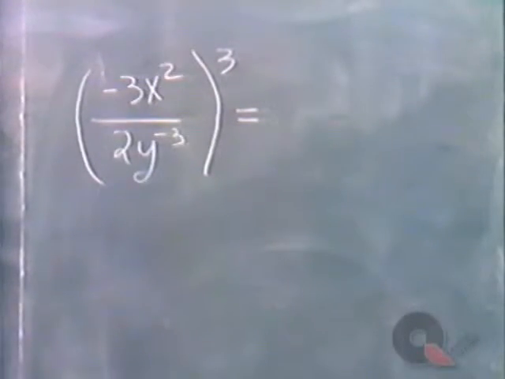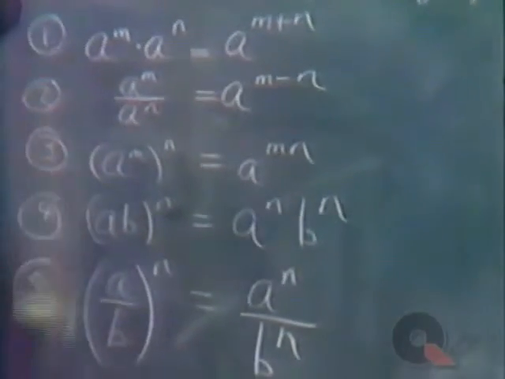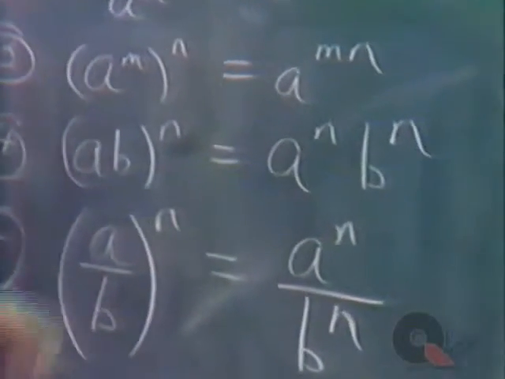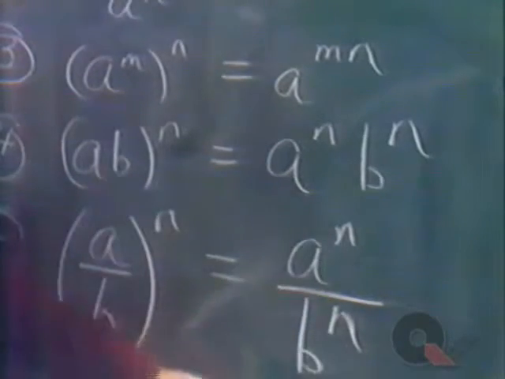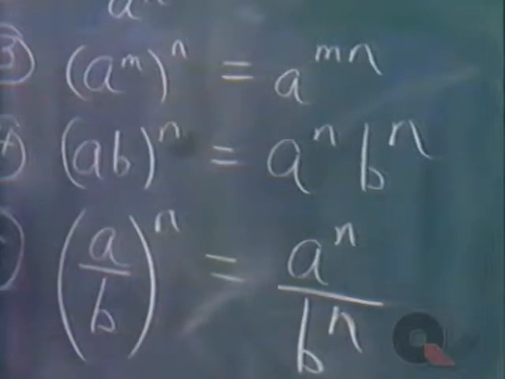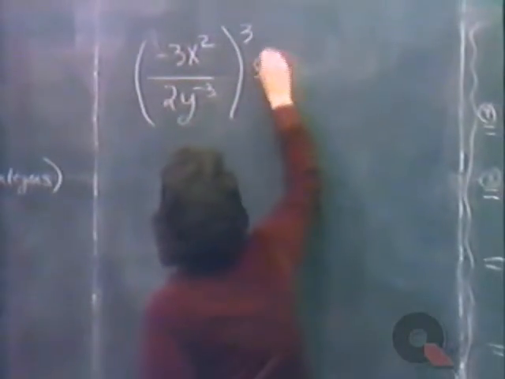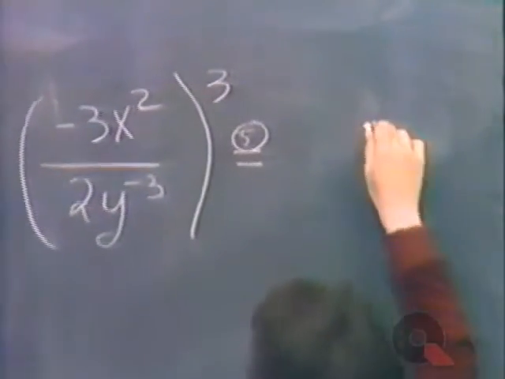It's an example of Rule 5, the last rule on our list. We haven't seen an example of this yet. This is a fraction to a power. We take the numerator to the power and divide by the denominator to the power. So that's step 1. We're using Rule 5 to go from here to here.